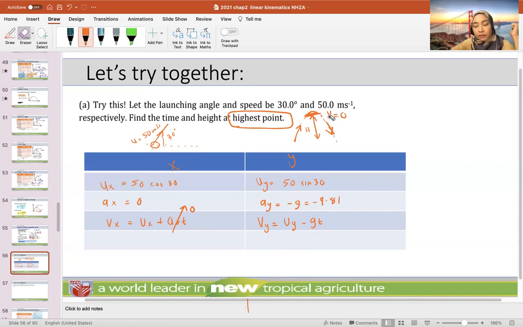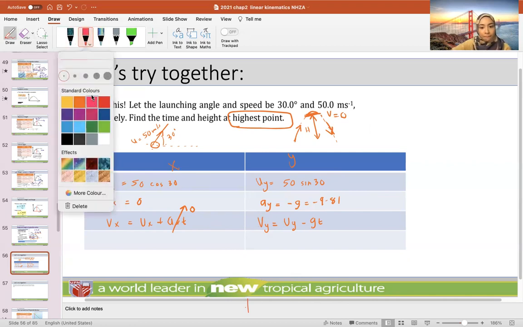So if I know that my V is equal to 0, how should I use my equation here? Boleh ke pakai dalam equation ni? Nak panggil nama lain pula ke? Okay, saya panggil Nurin Hazwani. Nurin tak pernah panggil lagi. Nurin, are you there? Yes. Okay, so how do I find the maximum height in this situation?